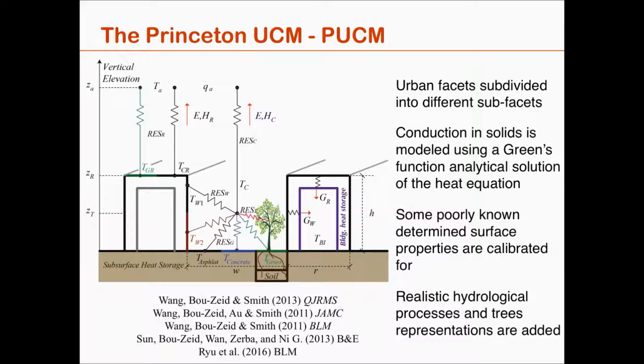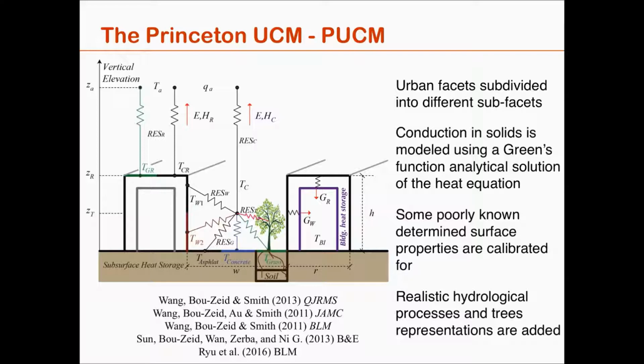And this is a schematic of how we represent these currently in what we call the Princeton Urban Canopy Model. It's a model that we've been working on for multiple years now. We've developed it way beyond the default UCM that was, for example, used in the Weather Research and Forecasting model.